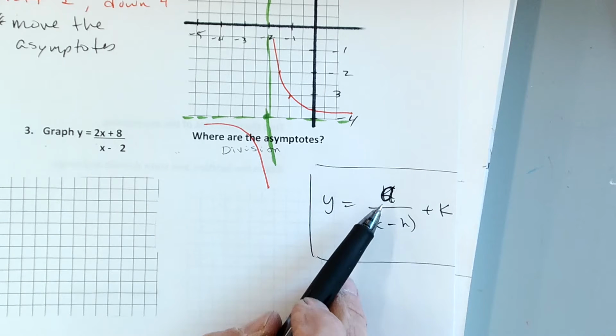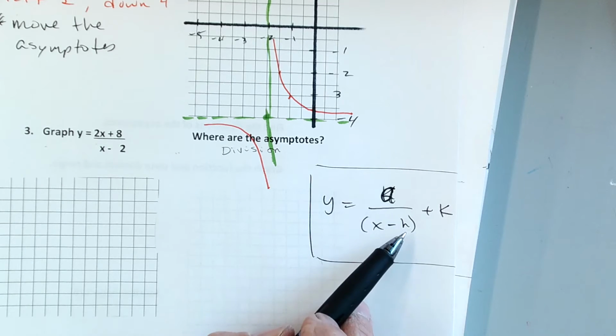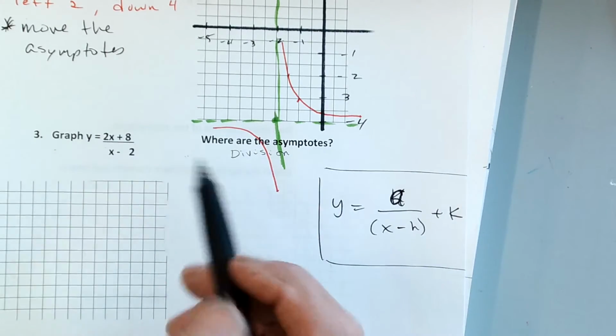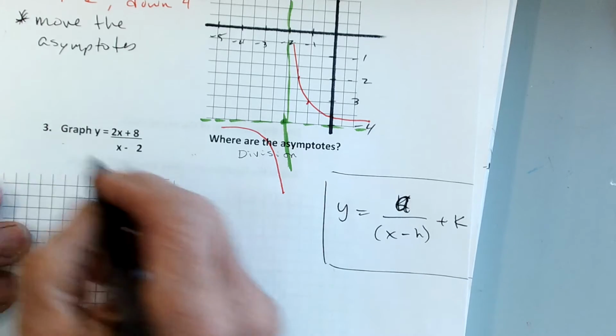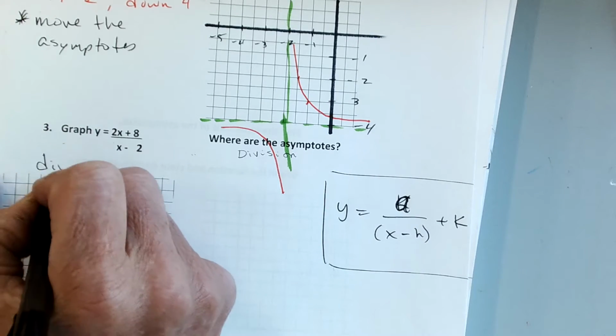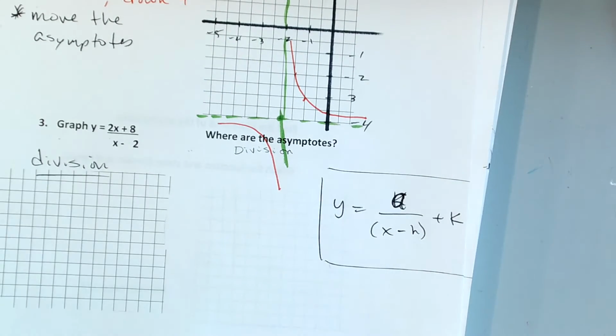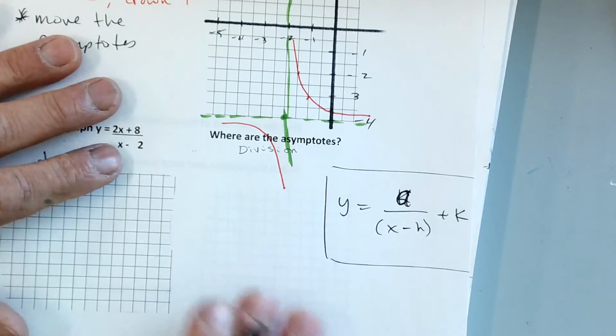A is the number, like the multiples, and this is where we're going to move the asymptotes to, okay? This one's not in that form, but if we can do some long division, I'll get the answer. So if I go back to my warm-up, we did a little bit of long division, right?